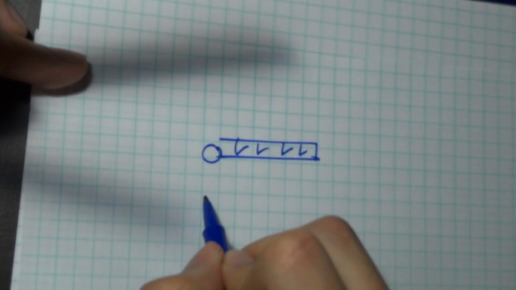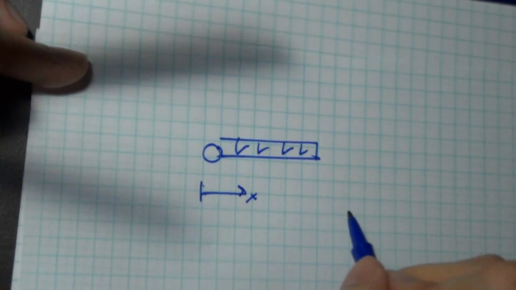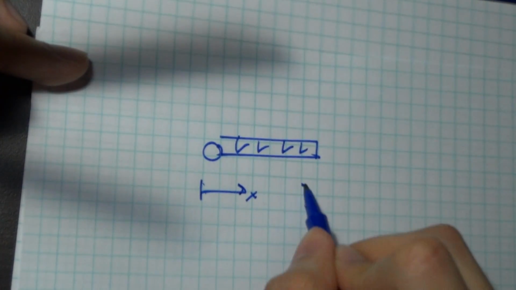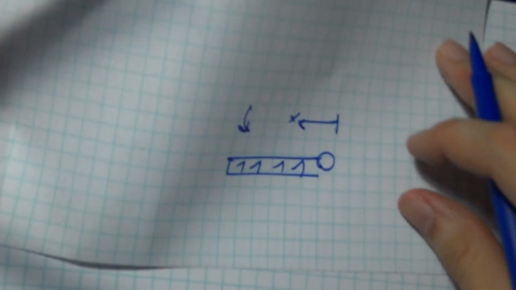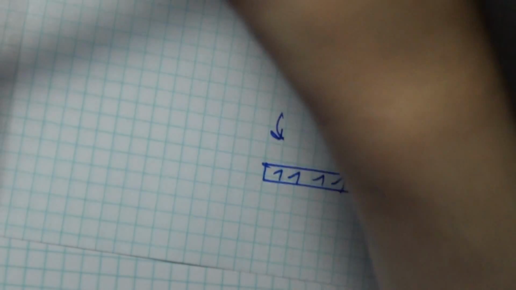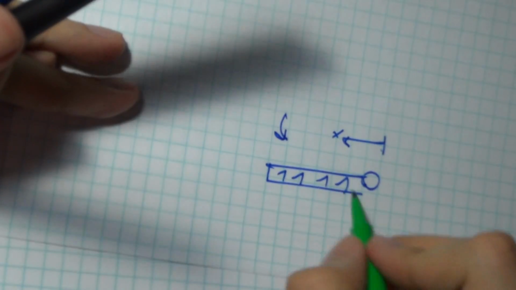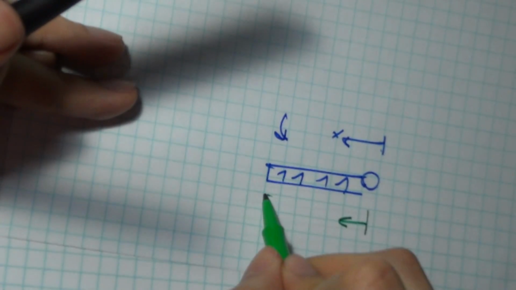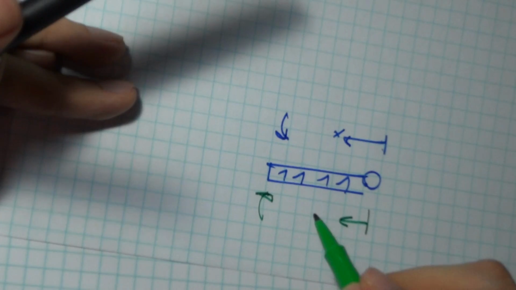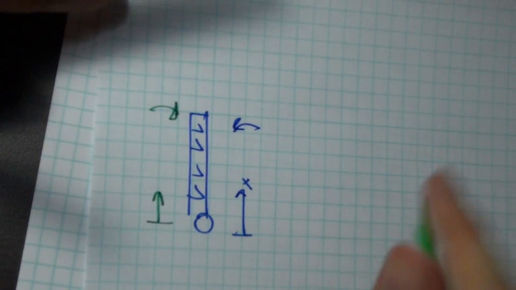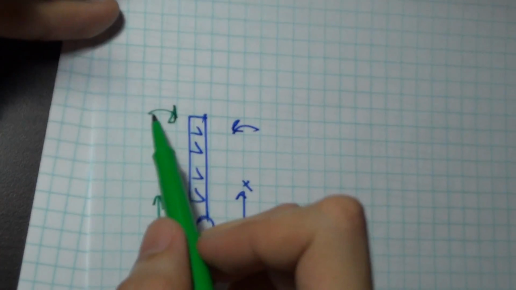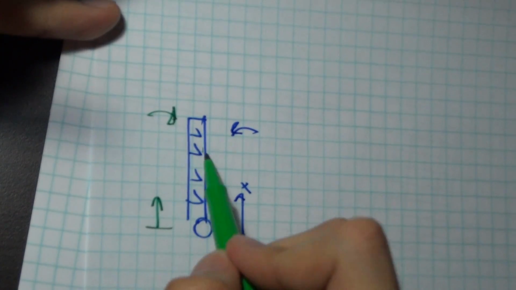If I look at it this way, my positive sign convention is this way, right? If I flip this around, my positive sign convention will be this way. These two are not in the same direction, but it's okay, right?